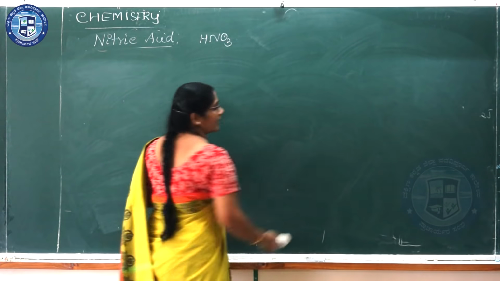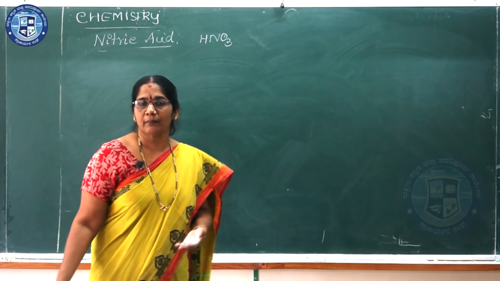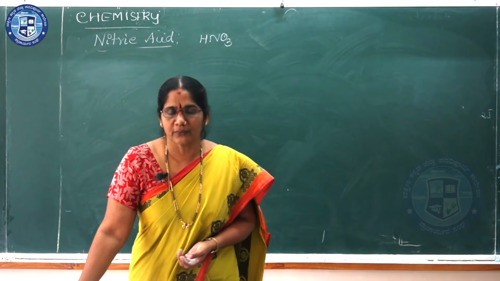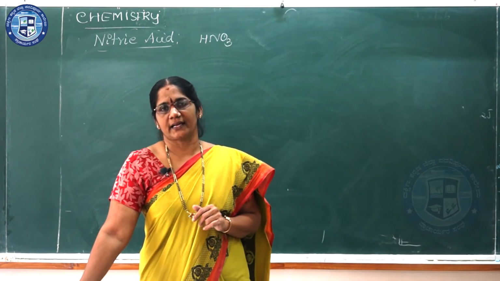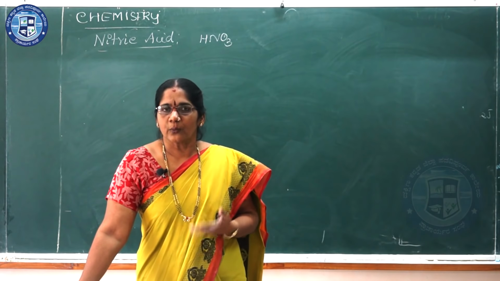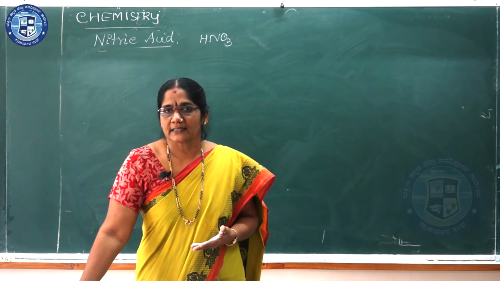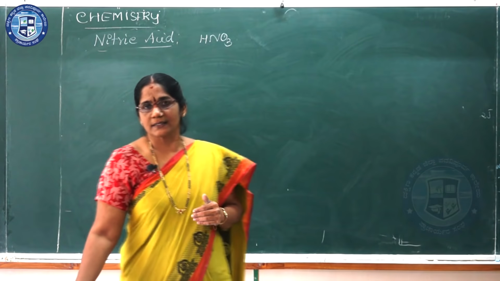manufacture of nitric acid in industries in large scale is a very important method in the preparation of nitric acid as well as for your exams. So this is another very frequently asked question, how do you prepare nitric acid by Ostwald's process?